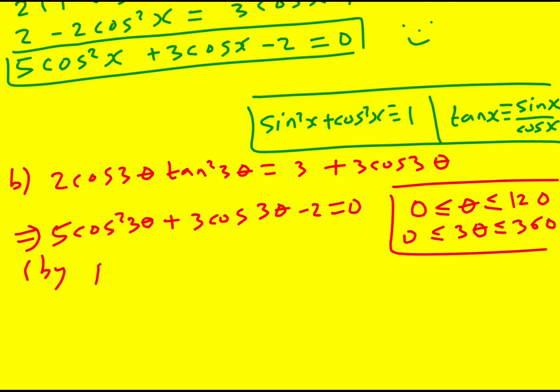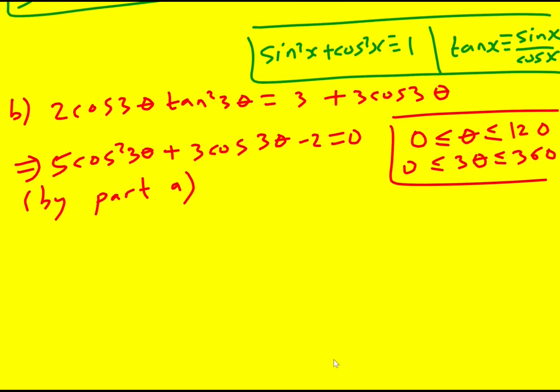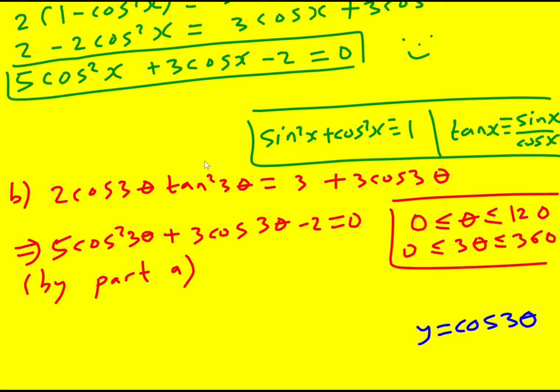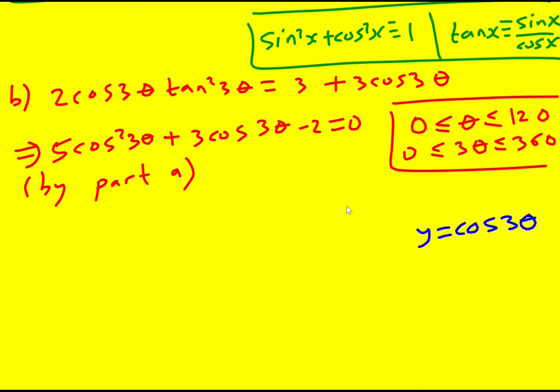It says detailed reasoning, so I'm just going to say by part A. Now, there's a couple of approaches you can take. You could use a substitution like y, for example, and let y equal cos 3 theta. I'm tempted to not use x just because we had x here, but you could use x. And then I would get 5y squared plus 3y minus 2 is equal to 0.